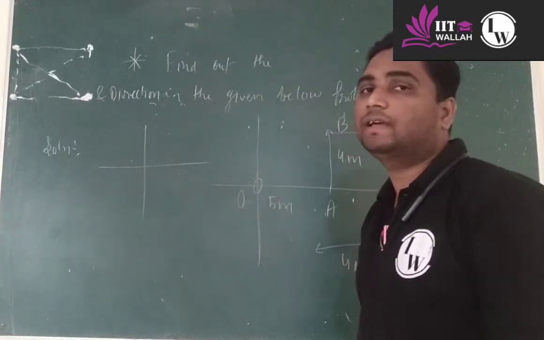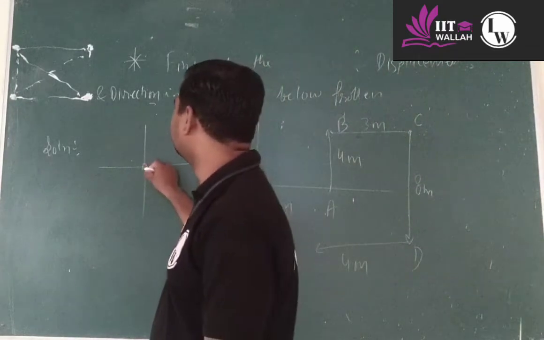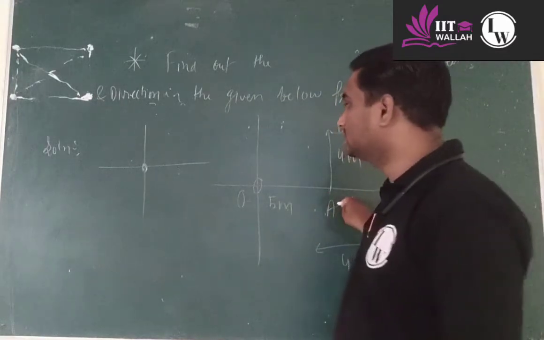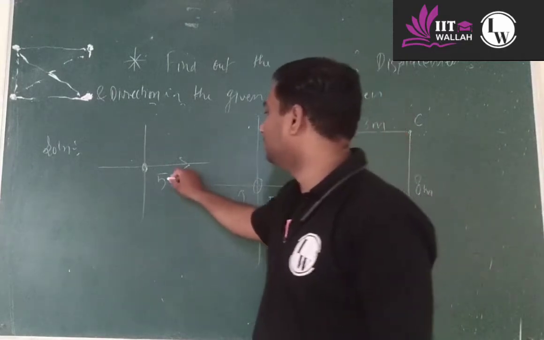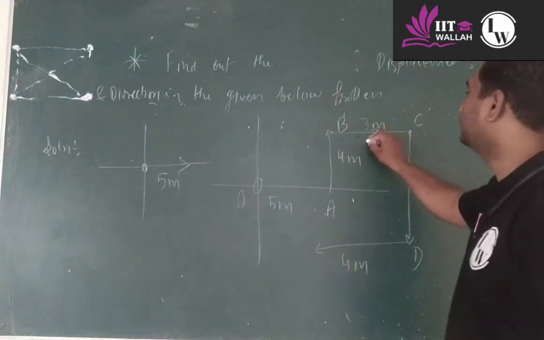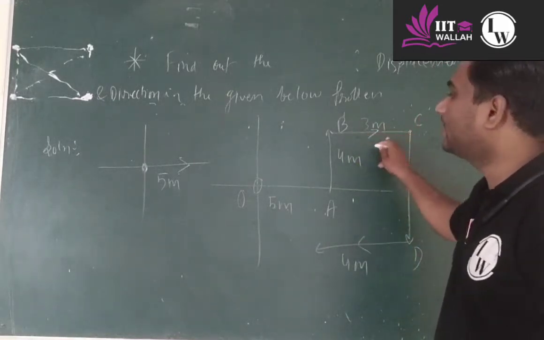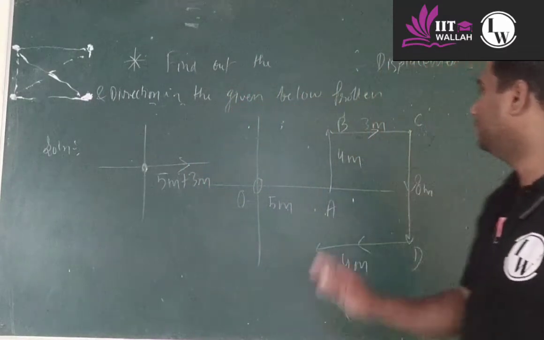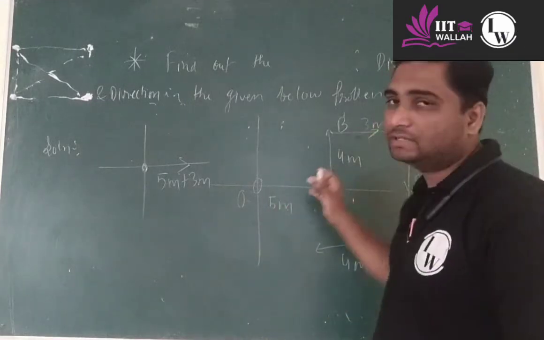Now shift the OA in the rightward direction, which is 5 meter, and 3 meter in the rightward direction. So add them up. Now the rightward direction term is finished.